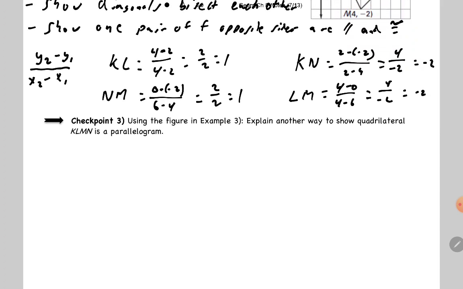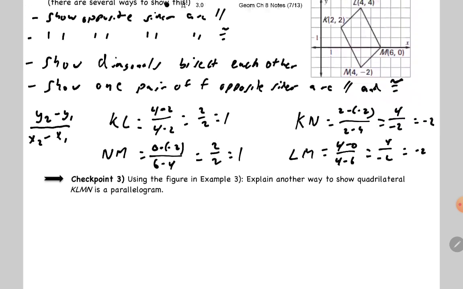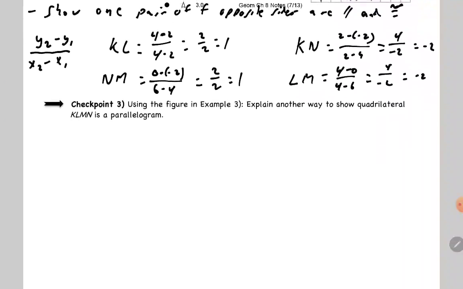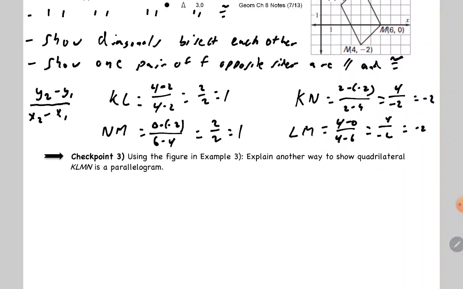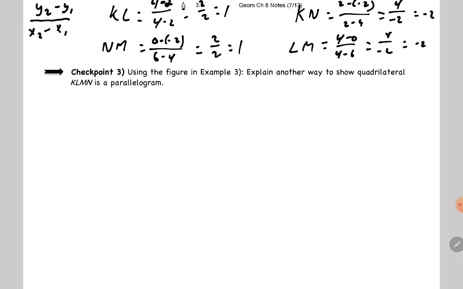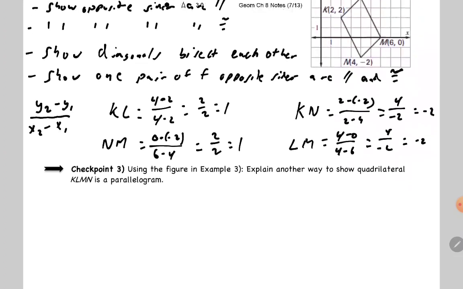Checkpoint 3, using the same figure, explain another way to show that the quadrilateral is a parallelogram. Again, we can use the distance formula to show that opposite sides are congruent. Let's show the diagonals bisect each other by showing that they have the same midpoint.